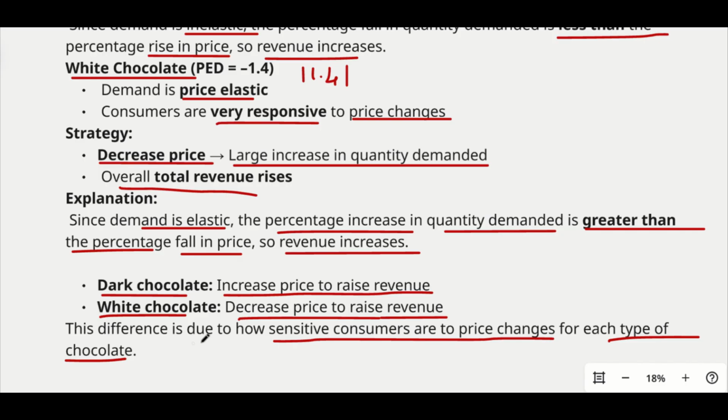Here you have to shift your strategy to lowering the price instead. Whenever the price is lowered, quantity will increase by a much greater amount, so your earnings will still increase. That is how we have to use a different approach for different types of elastic goods.